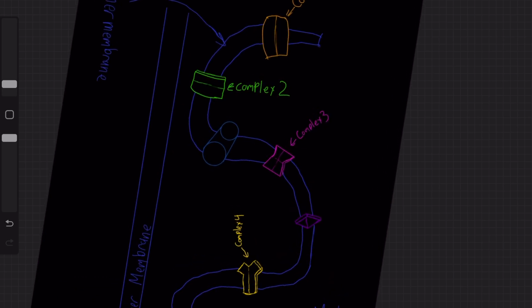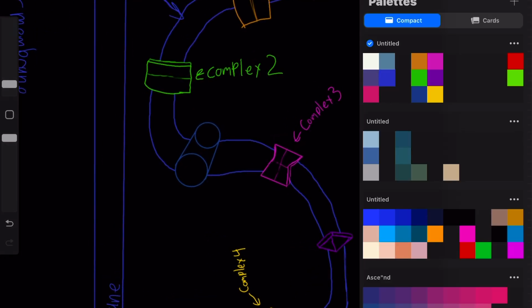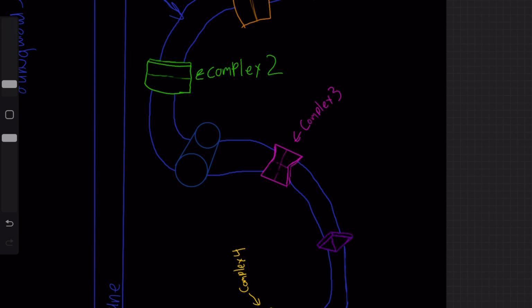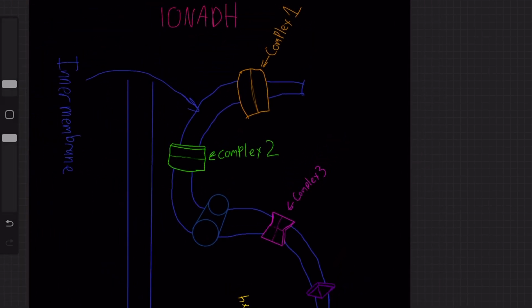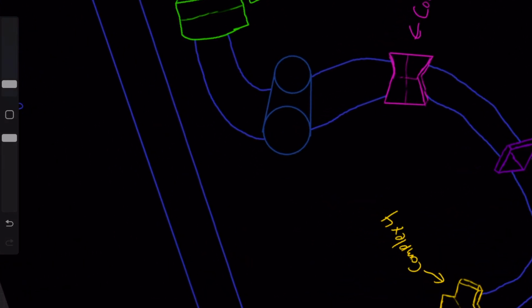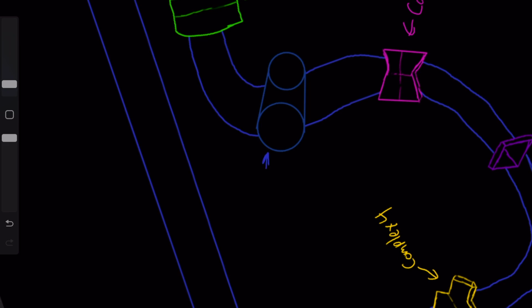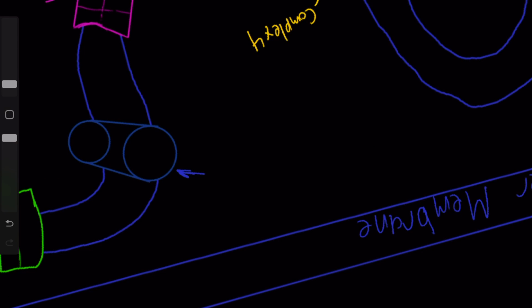We have 2 transporters in between them. We have one transporter that transports items from complex 1 to complex 3, and it also transports items from complex 2 to complex 3. This transporter is called ubiquinone.